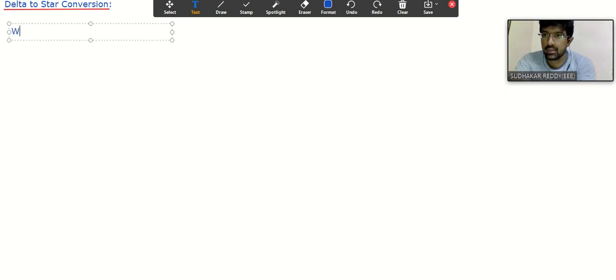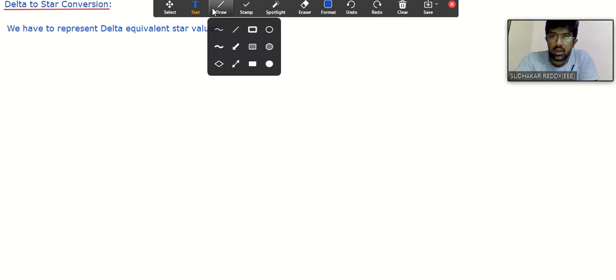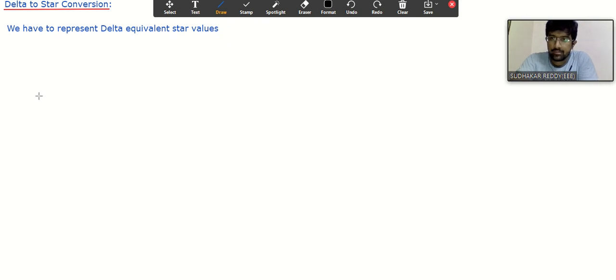So now I will write the clear meaning of this. The meaning of delta to star conversion means we have to represent delta equivalent star values. So that is the meaning of delta to star conversion, right? So to convert the given delta into equivalent star, first I will draw a delta connected resistors.